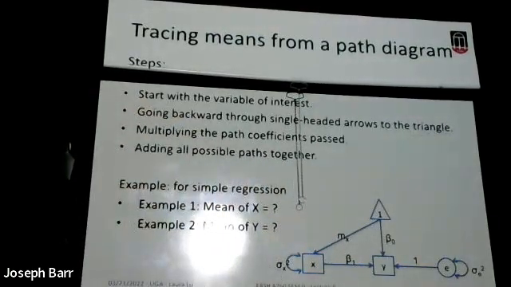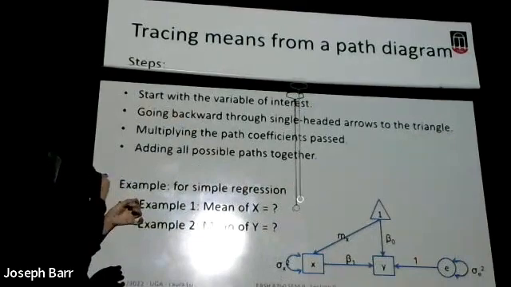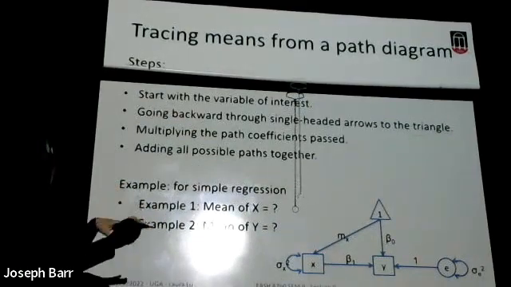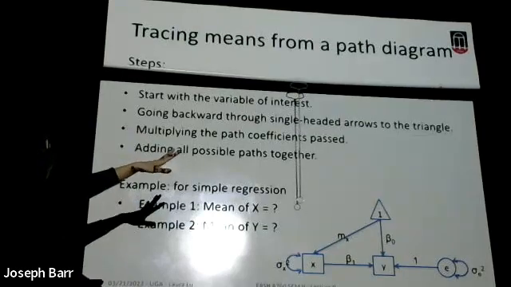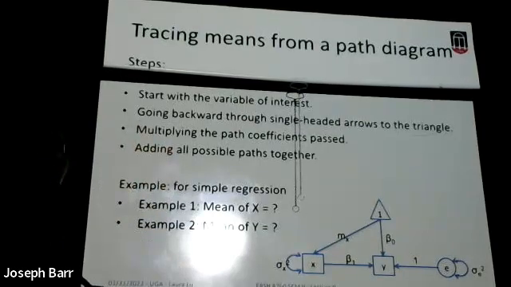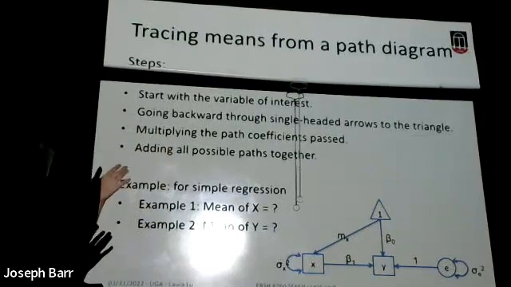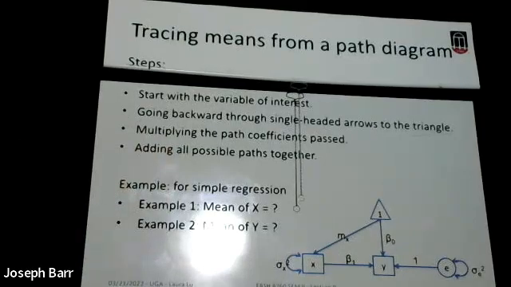For covariance, going back through the single-headed arrow leads to another variable, but for the mean part, you go back to the triangle. Then multiply the path coefficients. If you have some coefficient on a path, just multiply that value. Then add all possible paths together. If you have multiple paths, add all components together.